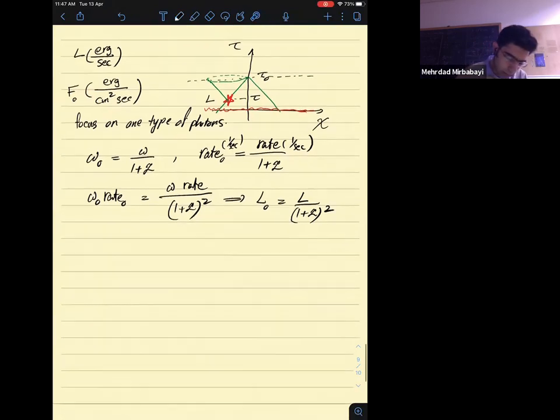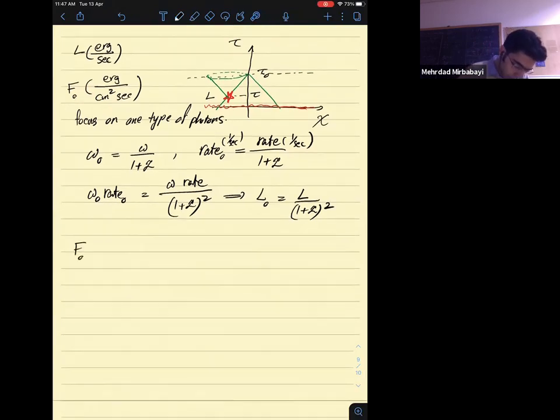So what is the area of this sphere? The area at tau naught is just 4 pi r squared, when r is measured at chi of tau, right?